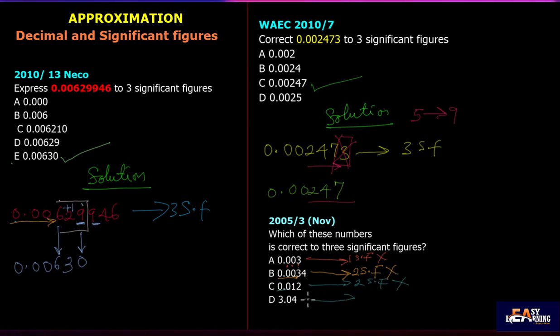And then it must be D. But before then, let's compare together. Now, with significant figures, when a zero is bounded by non-zero digits, we count it as significant. So here is 3 significant figures, because that's 1, 2, and 3. So option D, 3 significant figures, is the correct option to that question. All right, so let's proceed.